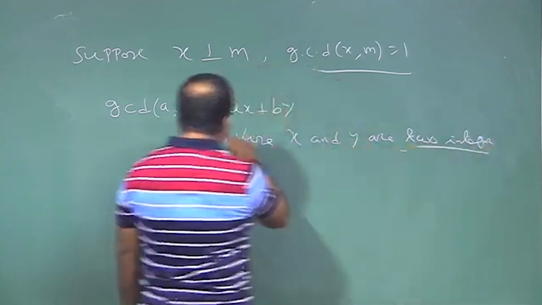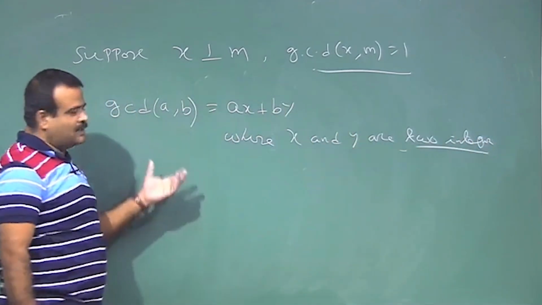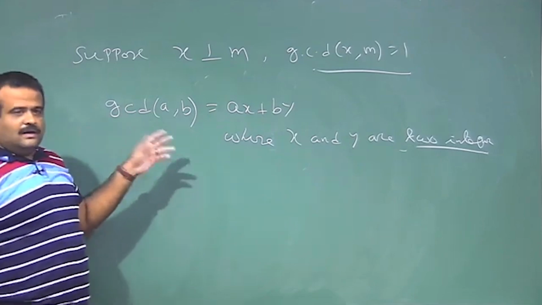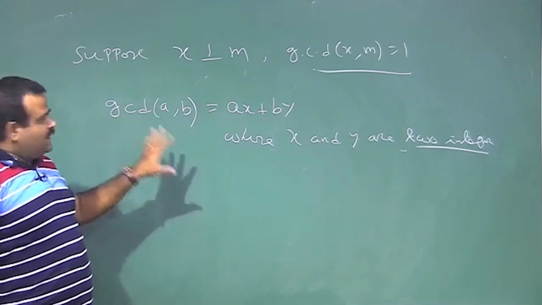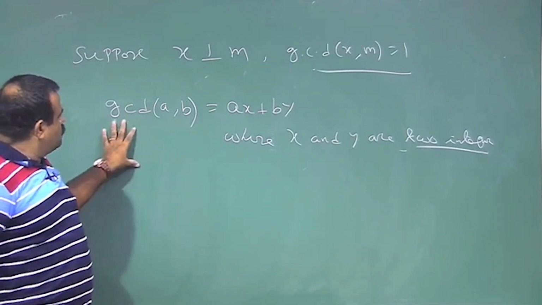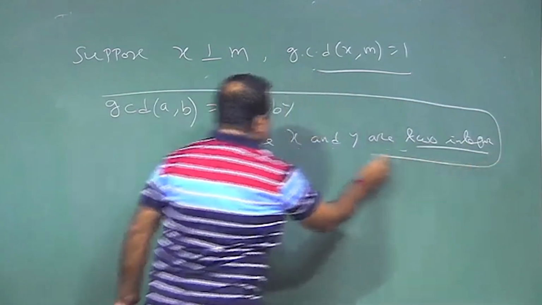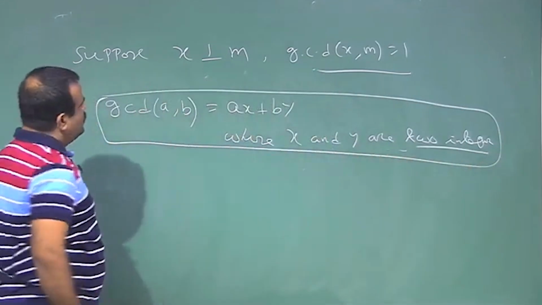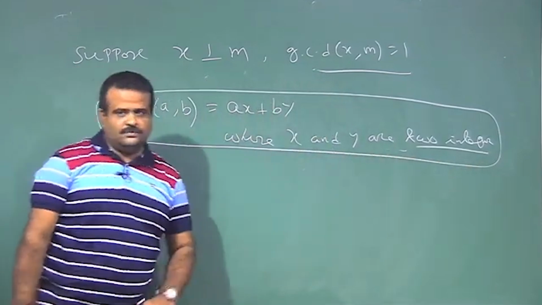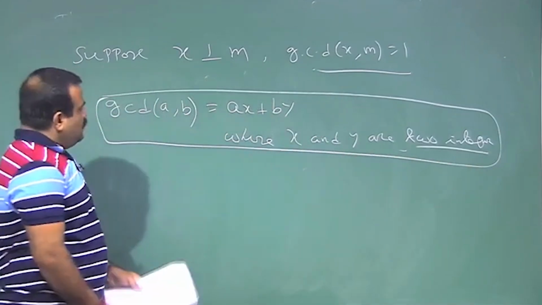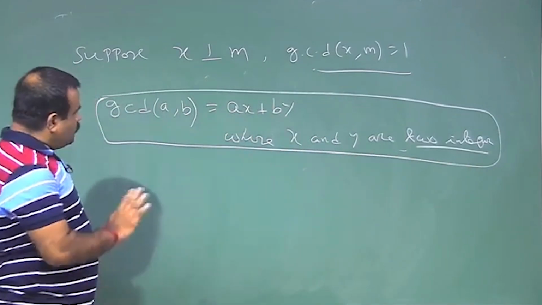This basically gives us the extended Euclidean algorithm to find the inverse, but this we have to prove. So, the GCD of any two integers a, b can be written in the ax plus by form, this linear form.